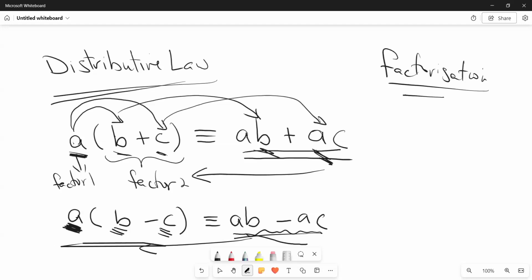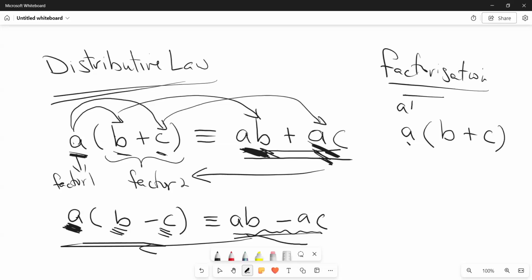See? So watch here. You're looking for the common factor. The common factor is A. You pull that to the front. Bracket. AB divided by A is B. AC divided by this A is C. You see?